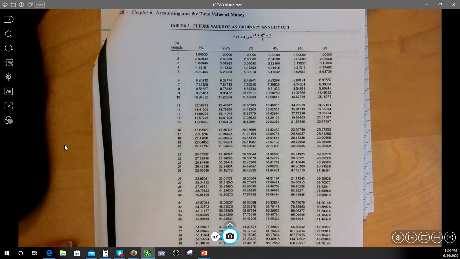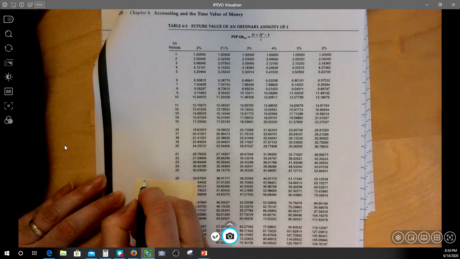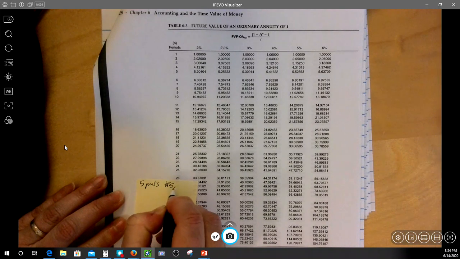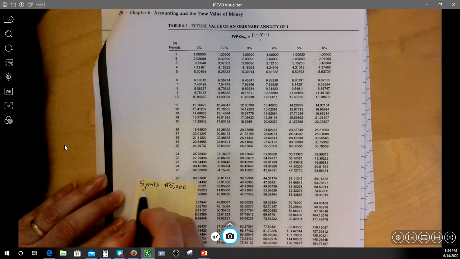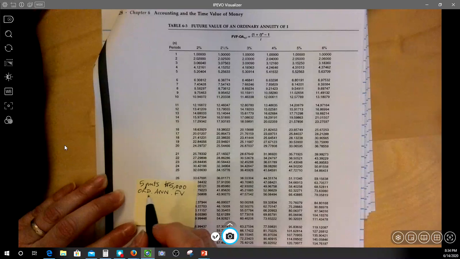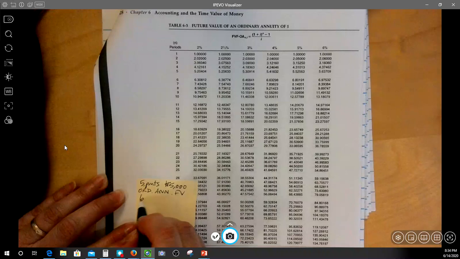We've got 5 payments of $5,000. This is an ordinary annuity, and we want to know the future value. So 5 payments, $5,000, the interest rate is 6%.